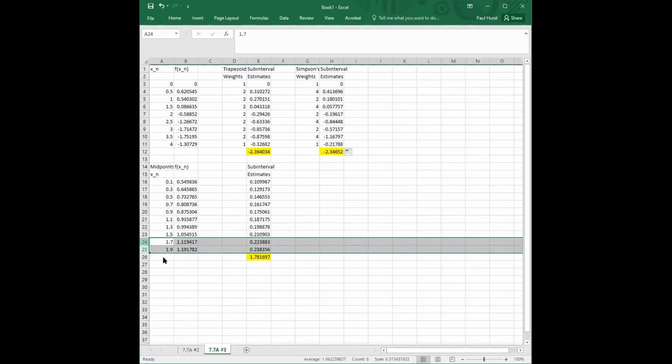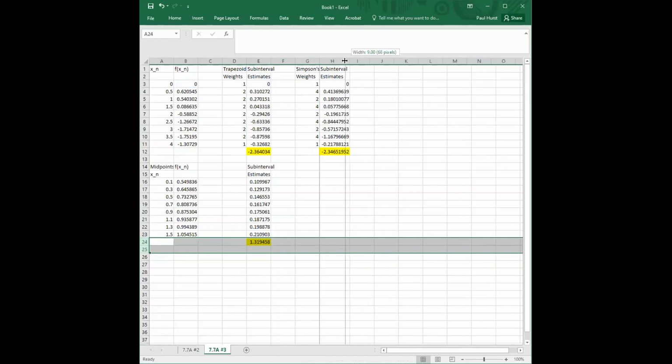Let me delete those two columns there. Okay, that's the answer for Trapezoid Rule. That's the answer for Simpson's rule right here. If you round it off, this 9 rounds that up to 2. Okay, so that's the answer for Simpson's rule. This is the answer for Trapezoid Rule.